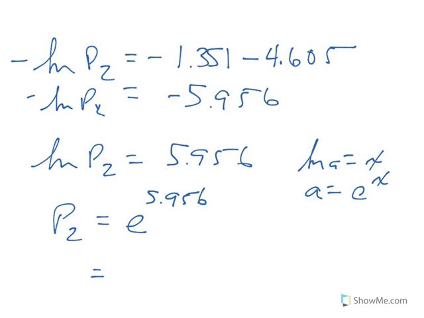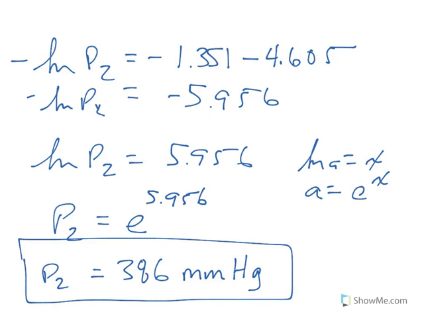On your calculator, you want to find the exponential one, or the e to the x, enter 5.956, and I get P2 equal to 386. 386 what? You have to go back to what pressure unit you were using for P1, and that is millimeters of mercury. So there, lo and behold, is our vapor pressure at 65 degrees C.